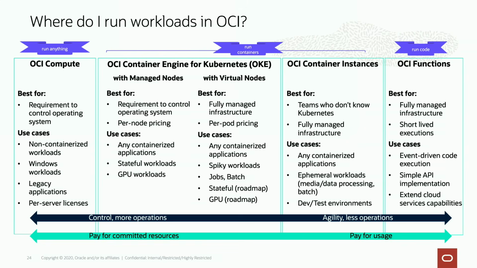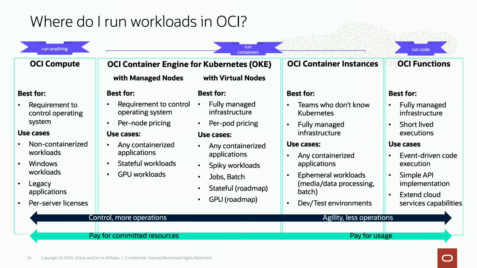To run containers, you might as well run them the Kubernetes way, so in a Kubernetes cluster. And so for this you have OKE with managed nodes or virtual nodes. If you want more control over the configuration of your nodes, you should choose managed nodes. If you want only the Kubernetes experience and just focus on your applications, choose virtual nodes.